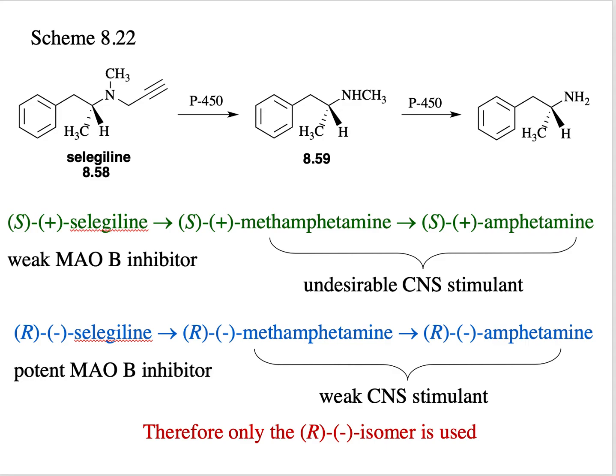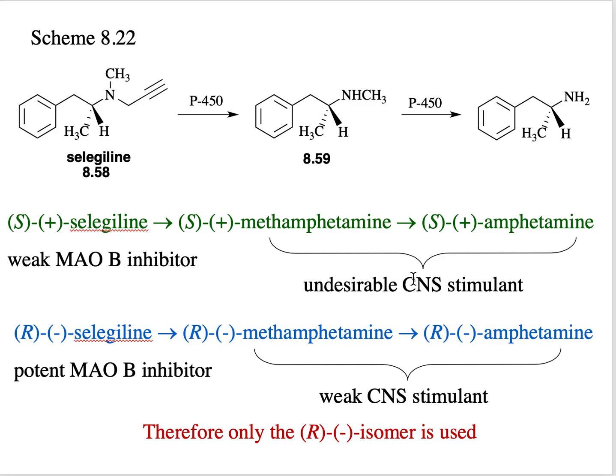Here's another kind of interesting example. You have two enantiomers of this initial compound here. This is really interesting, right? Because the S enantiomer of this compound is a weak antidepressant.